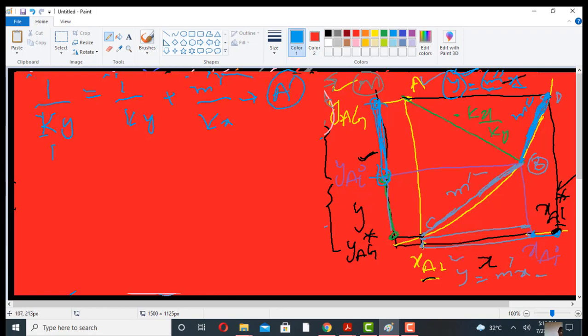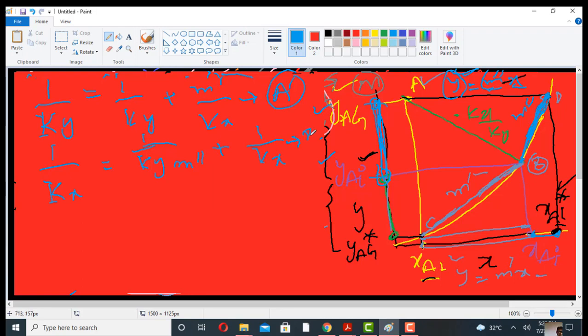Equation star. What was the other one? 1 divided by Kx, sorry, this is YAG minus YA, which is nothing but 1 divided by ky into m double dash plus 1 divided by kx.